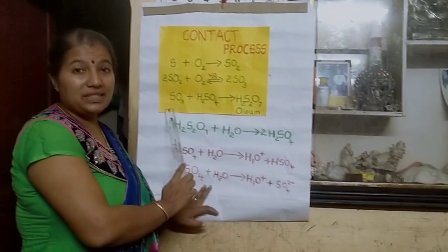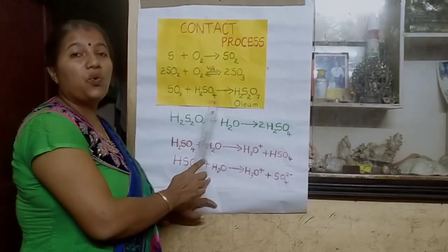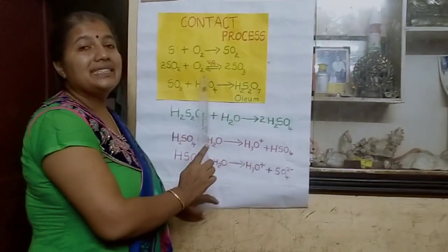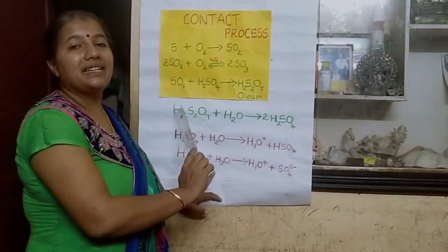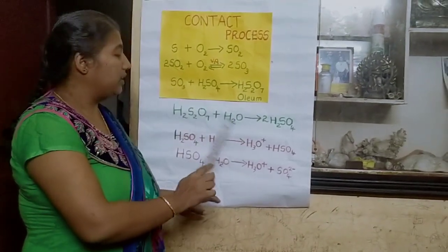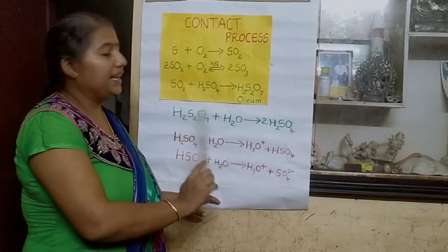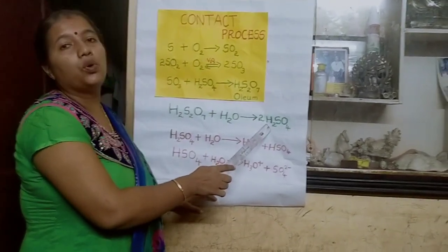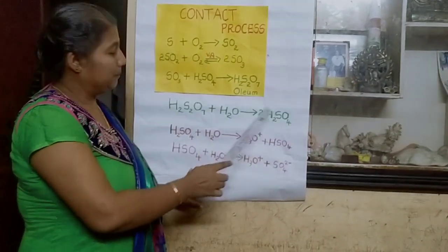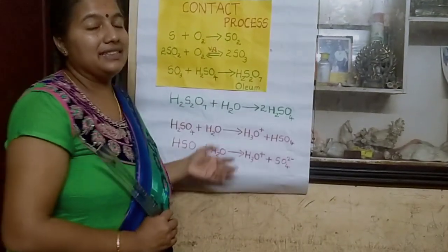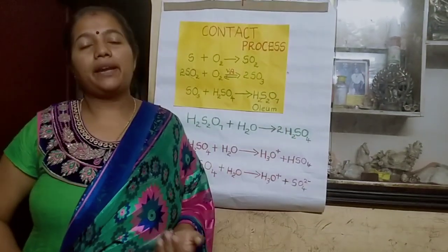Then sulfur trioxide reacts with H2SO4 to form oleum. Then we dilute the oleum by reacting it with water, and we get the required amount of sulfuric acid. This is a simple method for the manufacturing of sulfuric acid through the contact process.